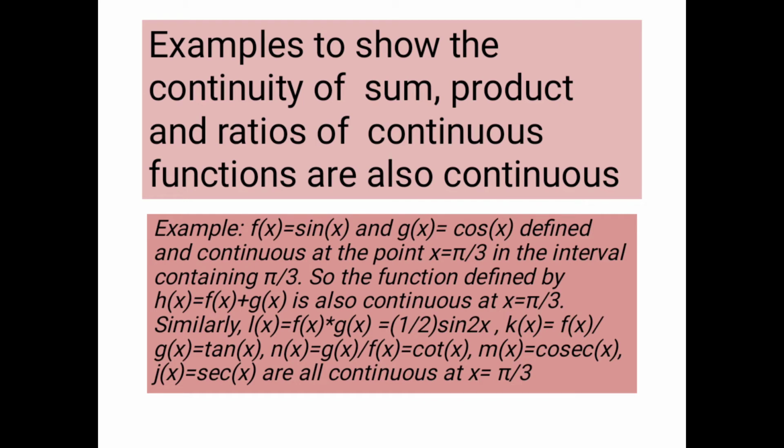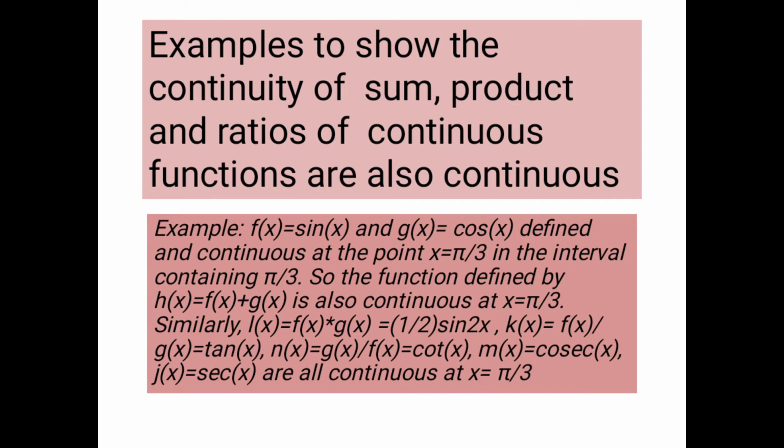So we can consider some very simple examples. Let us take sin x and cos x. Both sin x and cos x are continuous everywhere on the real line. For all values of x on the real line, both sin x and cos x are continuous. So let us take f(x) equal to sin x and g(x) equal to cos x.